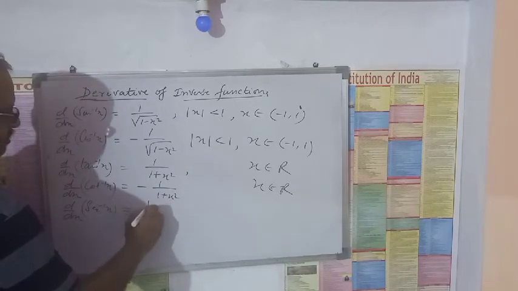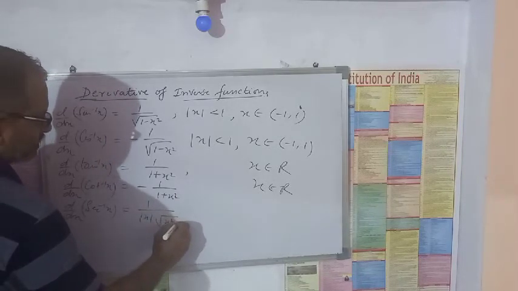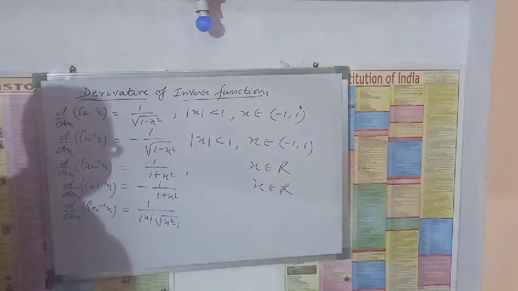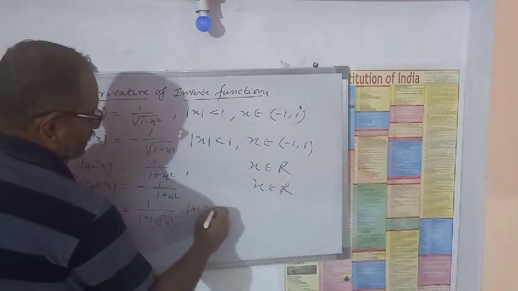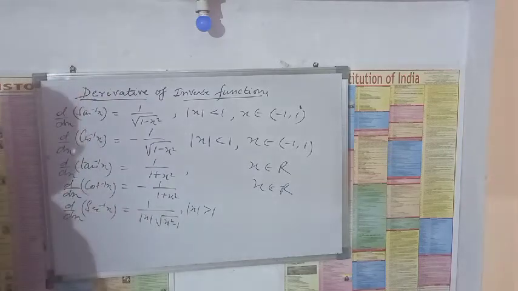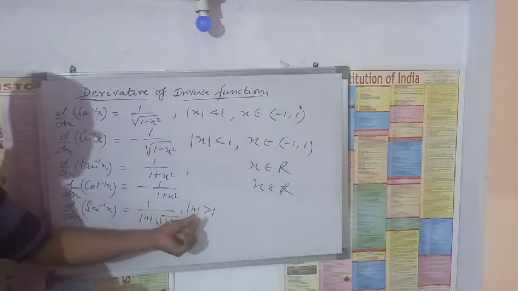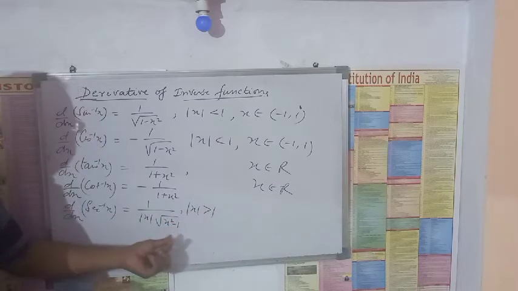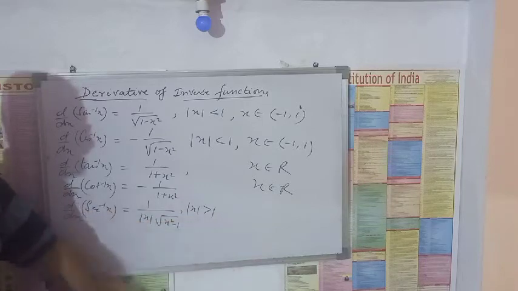It is equal to 1 upon mod of x under root x square minus 1. Here mod of x greater than 1. The domain of sec inverse is mod of x greater than or equal to 1, but for x equal to 1 it is not differentiable. So only for greater than 1.